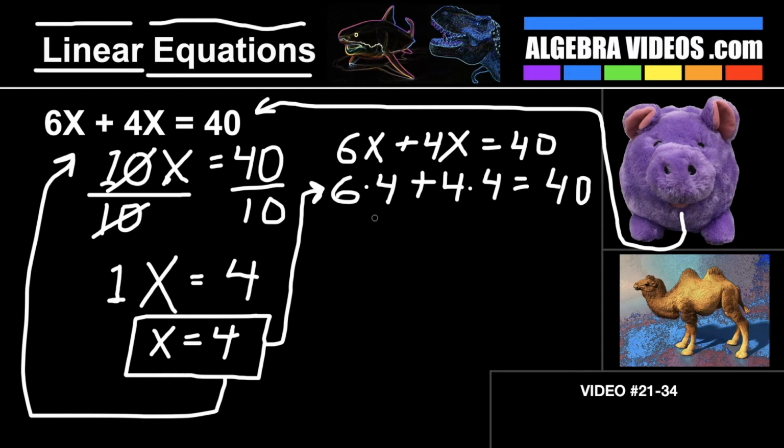And now let's continue to simplify both sides. See if this works out. So 6 times 4 over here on the left is 24, plus 4 times 4 is 16. And continuing on the right side, we're just bringing down our 40. So now simplifying again, the left side is 24 plus 16. 24 plus 16 is 40.